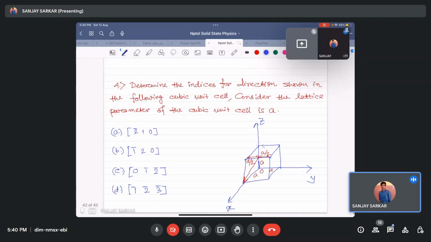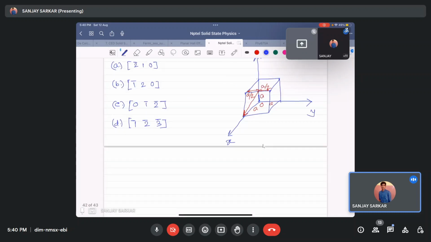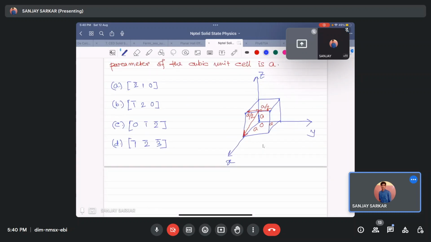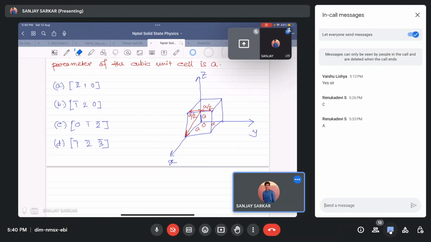So calculate the directional indices for this vector. This vector is parallel to the z axis and y axis, so parallel to the yz plane, and it is basically like this, cutting at half of this direction. So calculate the Miller indices. If you find out, then let me know the correct option.